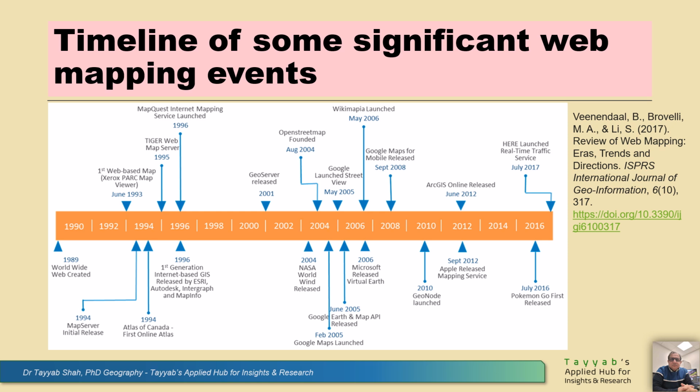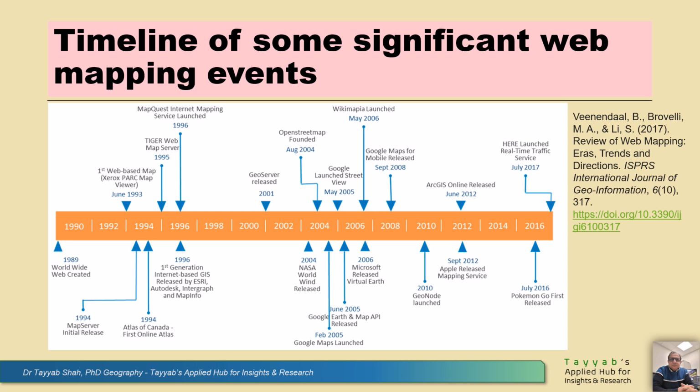Before going into the details, I would like to share a timeline of some significant web mapping events. It's based on a research paper published in 2017, and the information is included up to 2016, but I have a next slide which will give you a little bit of an update after this paper.